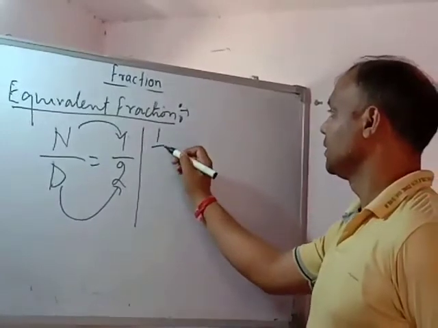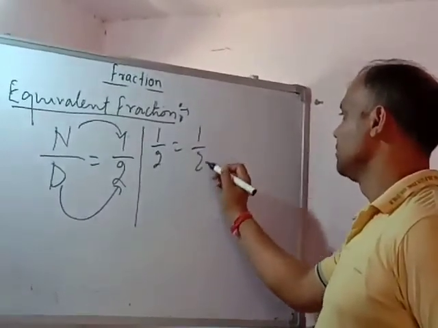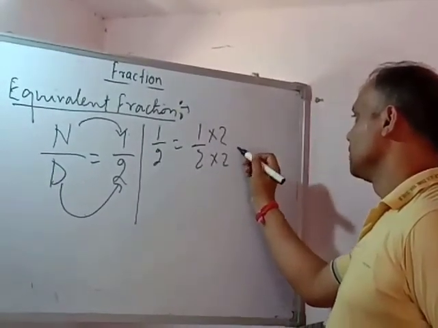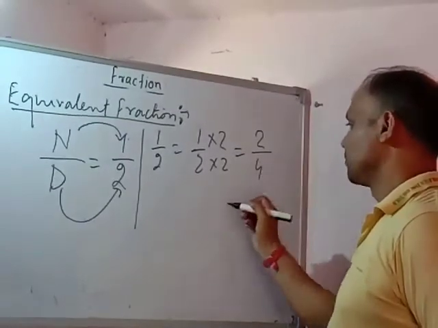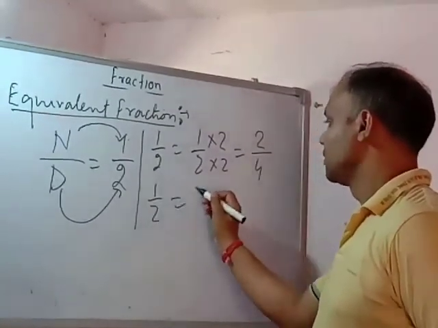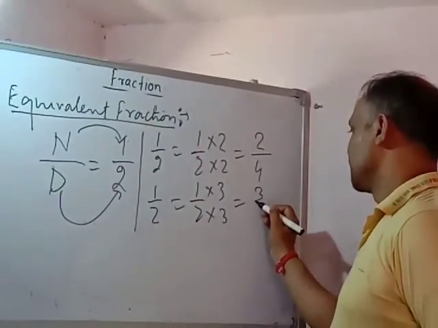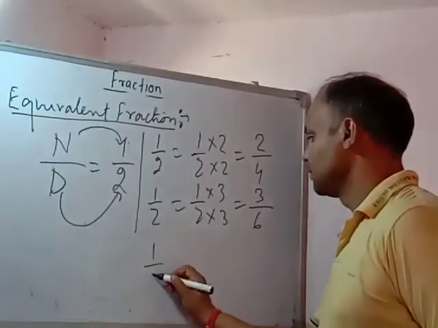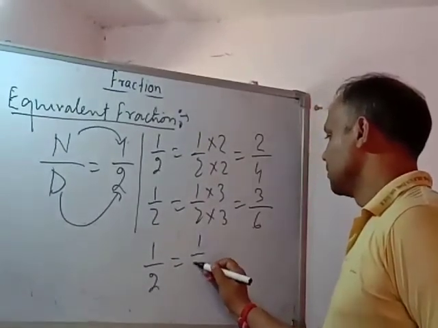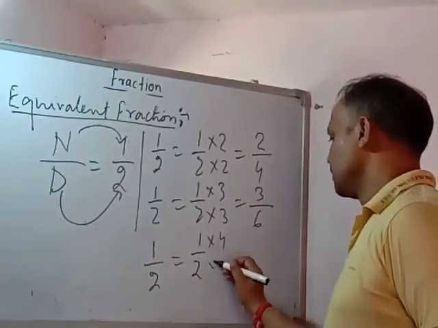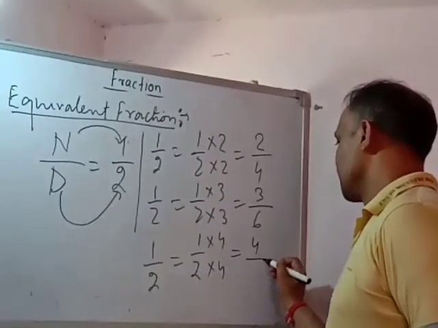Suppose 1 by 2 equals 1 by 2 into 2 into 2, equal to 2 by 4. 1 by 2 equals 1 by 2 into 3 into 3, equal to 3 by 6. 1 by 2 equals 1 by 2 into 4 into 4, equal to 4 by 8.